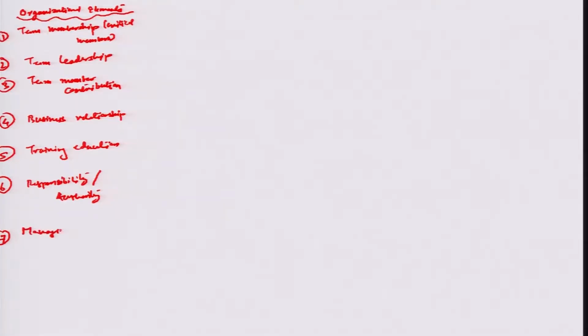So, these were what we agreed upon in the Cal C system earlier to be the key sub elements for the organizational elements in a C.